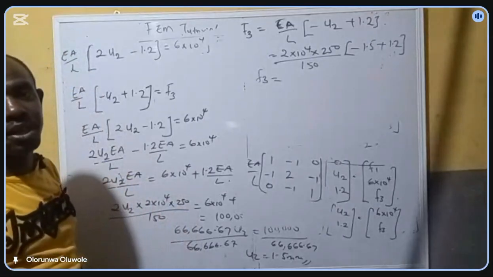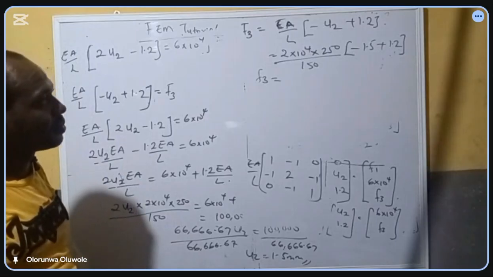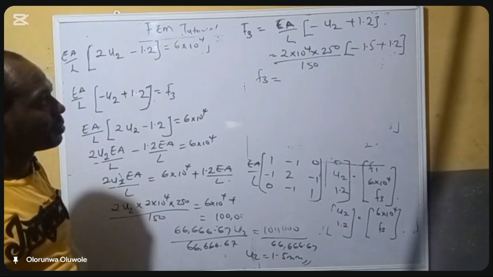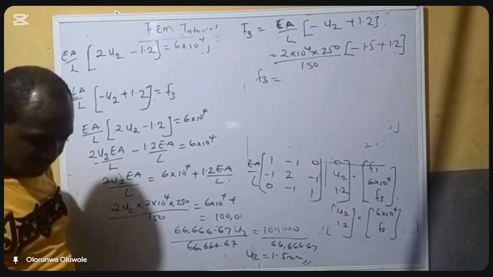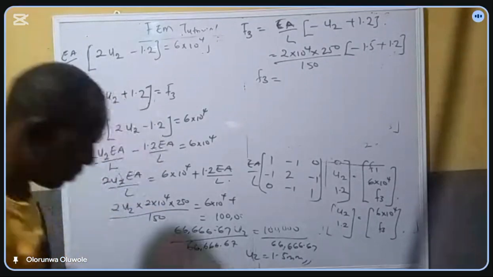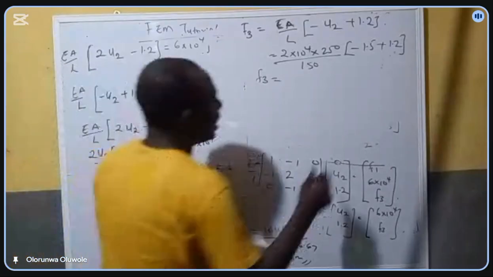What is our F3, please? Negative 10,000.